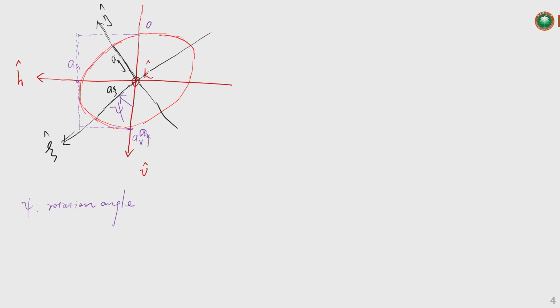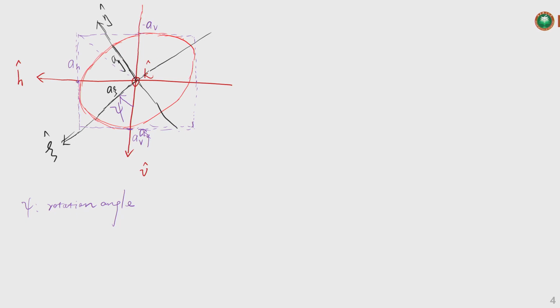So this is A also, it's minus A. Okay, and so it has a direction here, like this one. And it should actually look like this one.